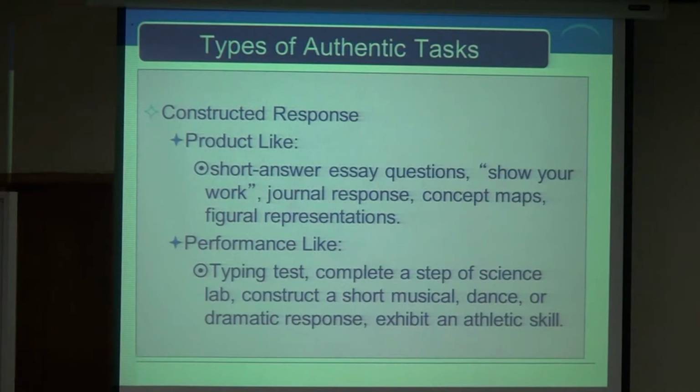Okay. Now, for the authentic task, it could be product, it could be performance. So, if you remember the evidence stage 2 of UbD, it gives a very specific template for performance tasks. Now, we don't have to do that in OBE.